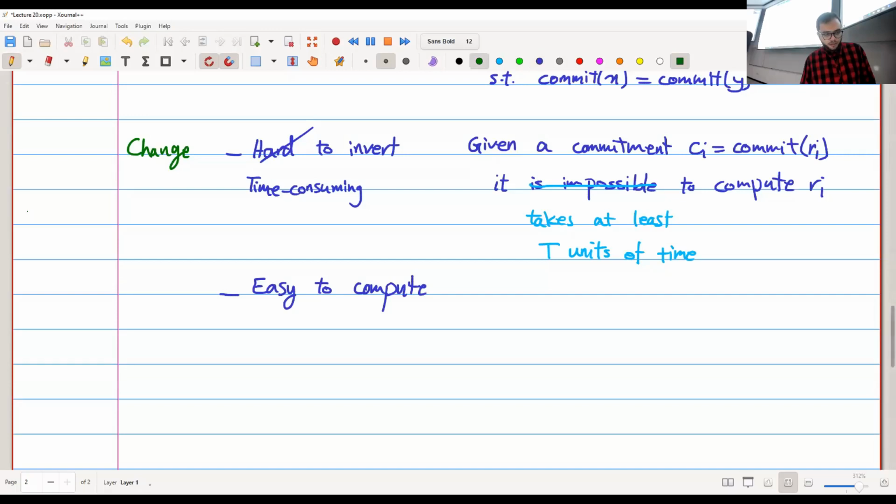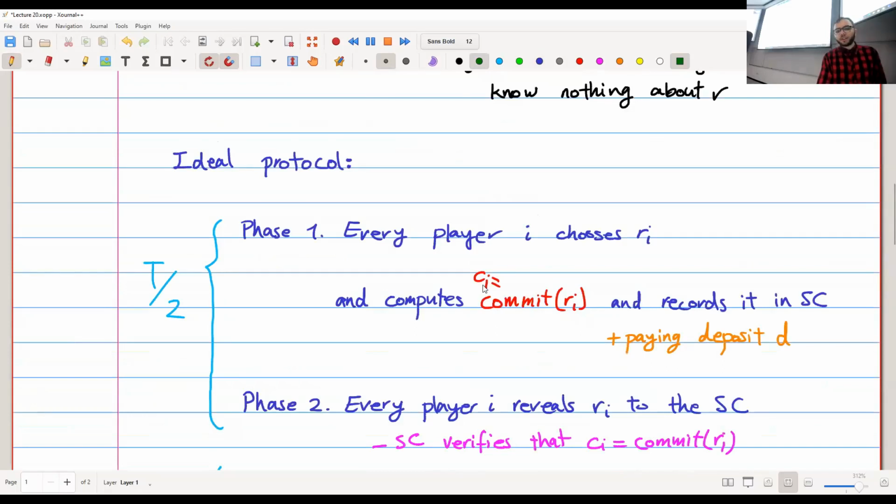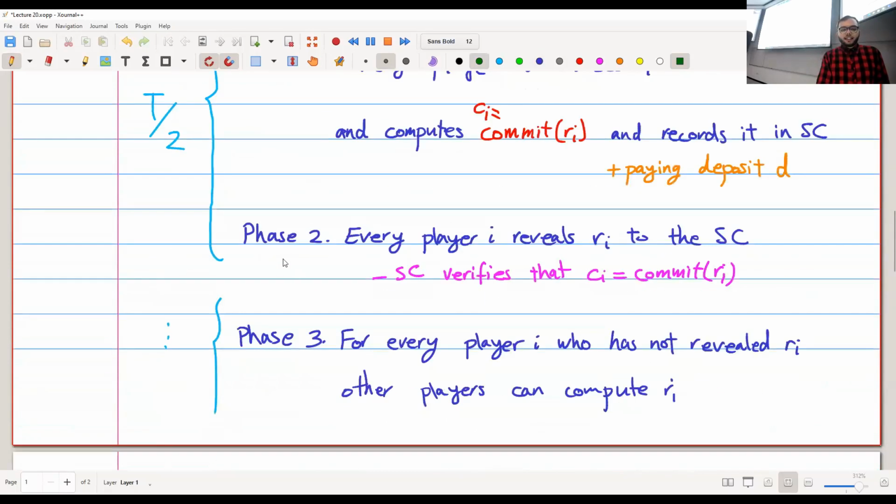And I want to keep this property. So if I have this Ri, it's super easy to compute the Ci. And then here, when I reveal it, again, for the smart contract, it's super easy to verify it. And I want this to be easy because I'm paying gas for this part, right?